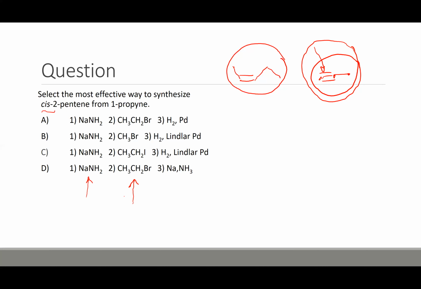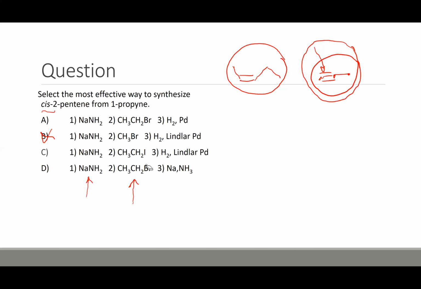So notice that only one of these is then canceled. B is only adding 1 carbon on, so it can't be B, but the rest of these work. 2 carbons, 2 carbons, 2 carbons. It doesn't necessarily matter what halide you have attached to it, bromine or iodine. We're adding some alkyl halide that extends our carbon chain by 2.